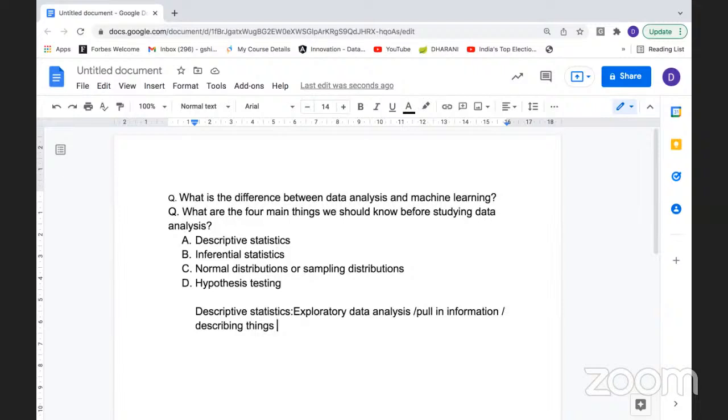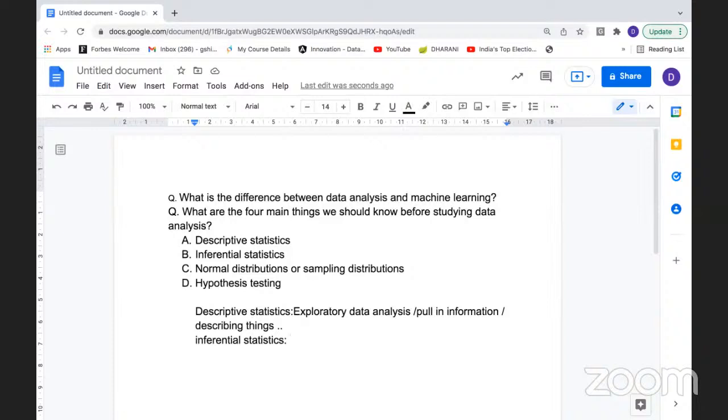So when we talk about the inferential statistics, we'll talk about them in detail, but what is inferential statistics? How is it different from descriptive? When you're talking about inferential statistics, here we are trying to work with a sample because we don't have enough resources to work with population data.